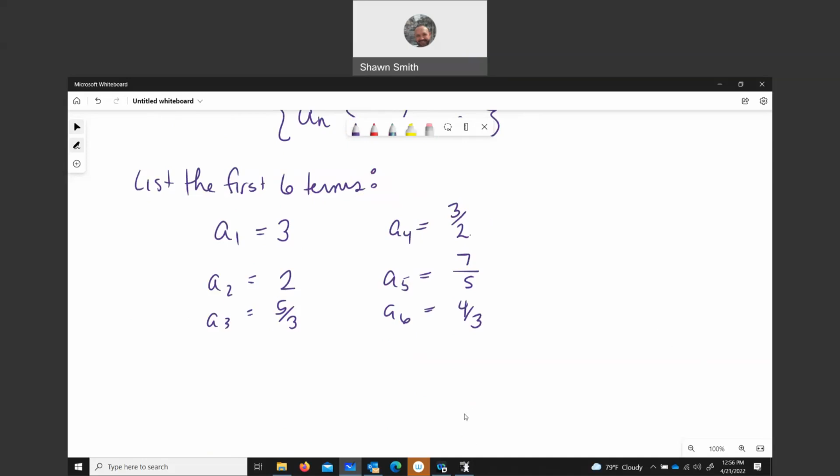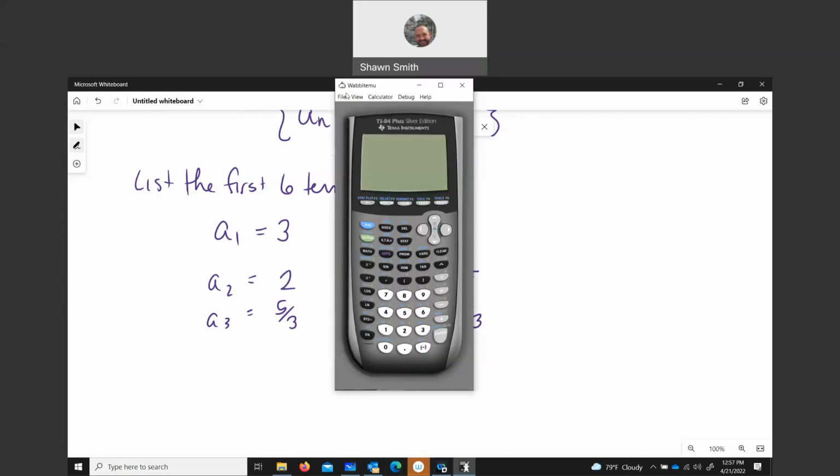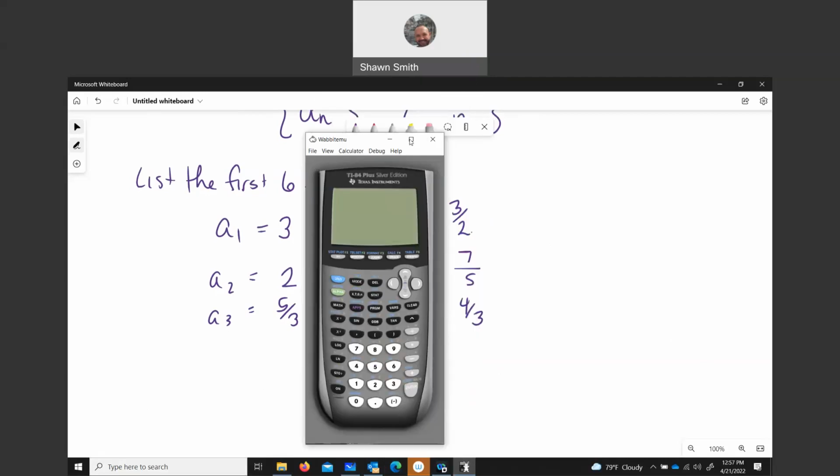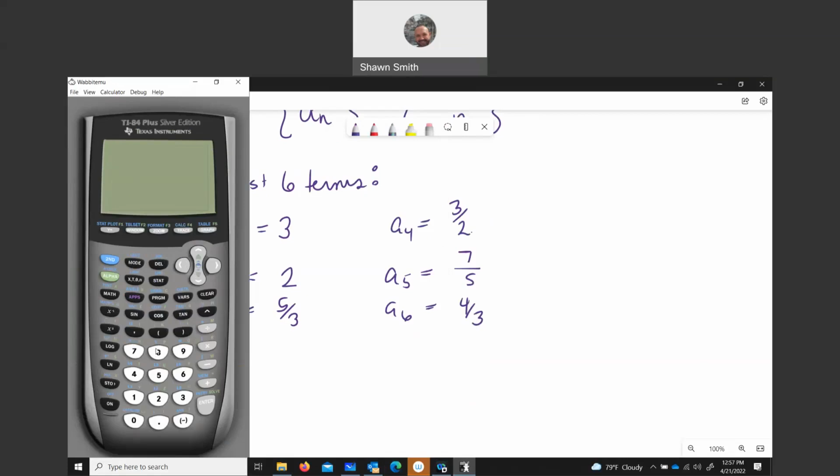All right, so if the arithmetic is too hard to calculate, let your calculator do it, right? Without even having to punch in 2 plus 2, it's going to give you all the terms of the sequence. Watch. So I bring up my calculator, and I'm going to find the sequence key.